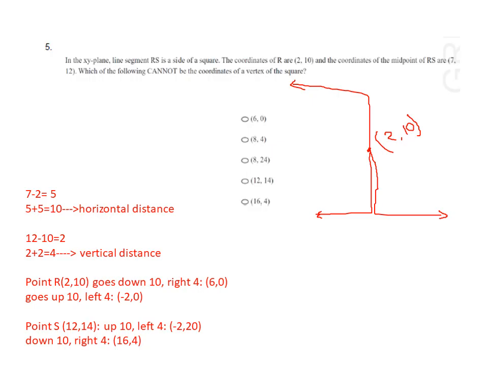In a similar way you can go up and to the left and you'll get another point like (-2, 0). So in this way you can get the other points. We'll get 4 and 1 will remain, and that will be our answer because that coordinate cannot be a vertex of the square. So which one is our answer? Our answer is option B, (8, 4).